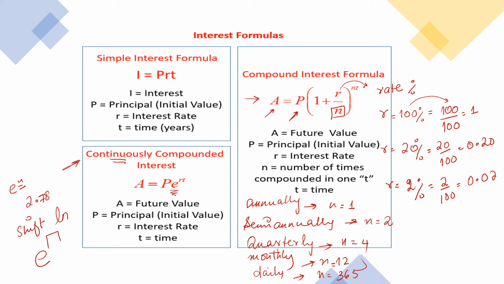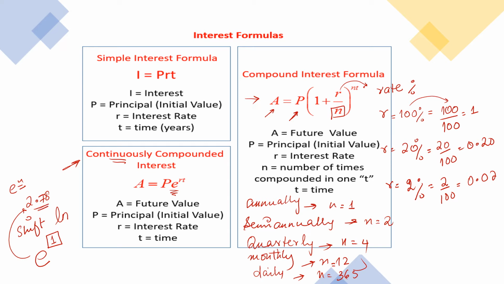In the power you write whatever the power is, and if there is no power, it means the power is 1. You will get the value of e automatically, with no need to calculate or write 2.71 yourself.